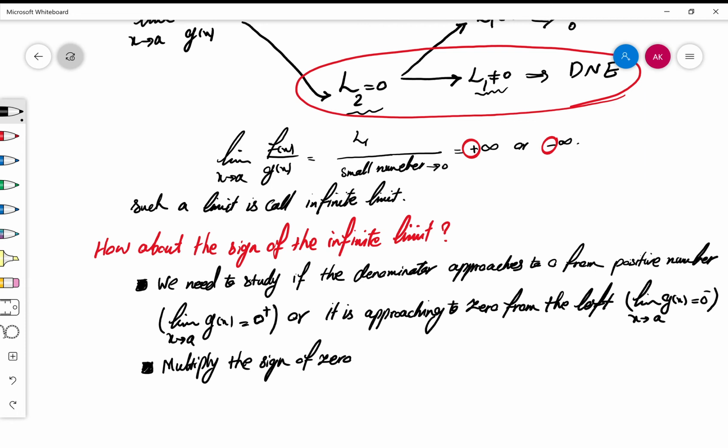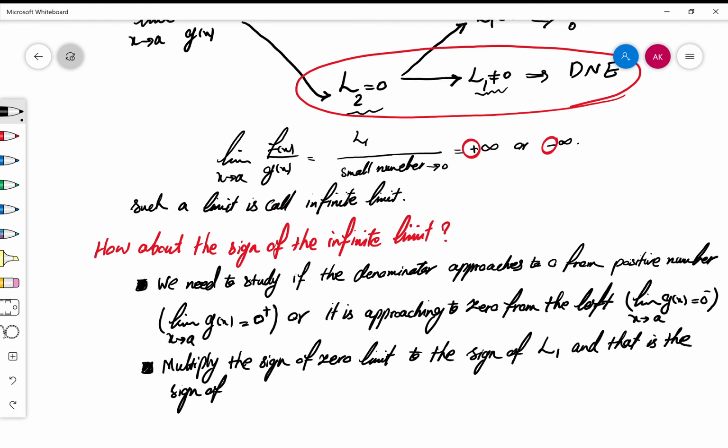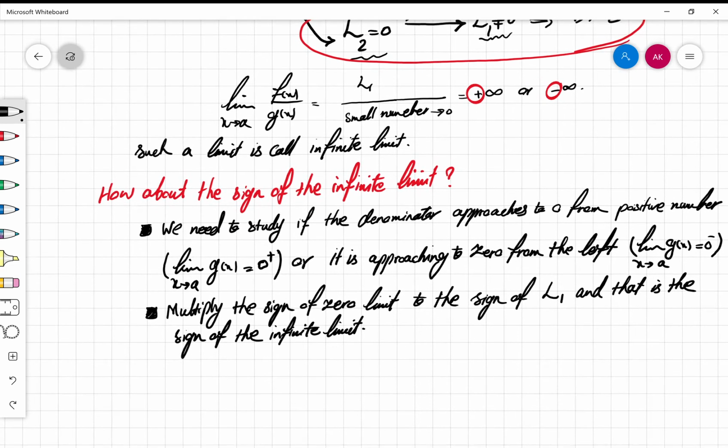What we have here, 0 limit, to the sign of the limit in the numerator, and that is the sign of the infinity. Very nice.